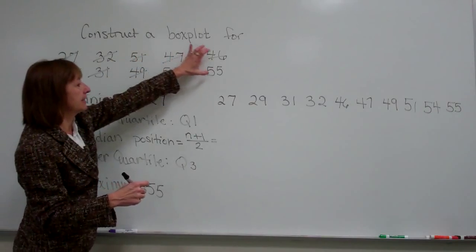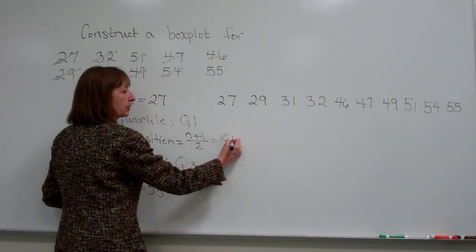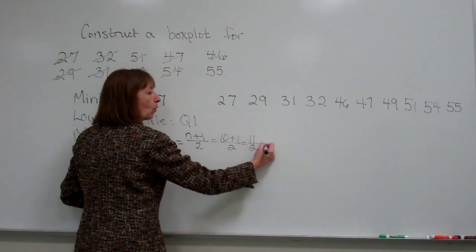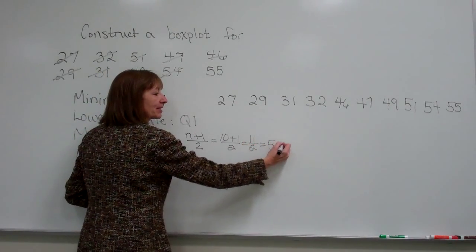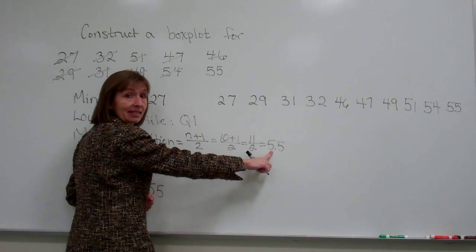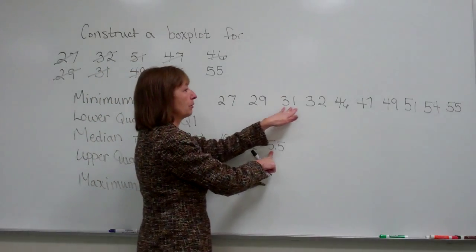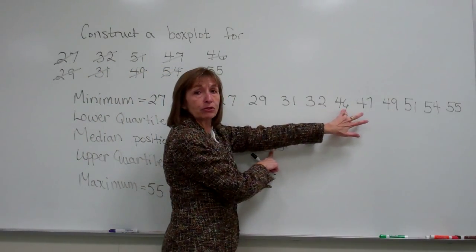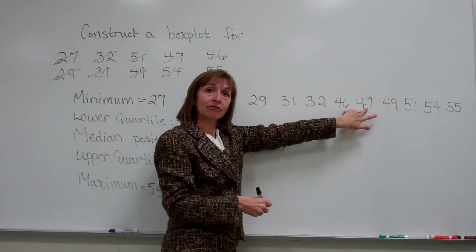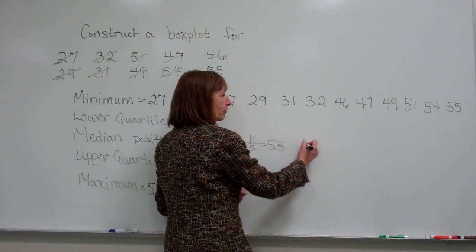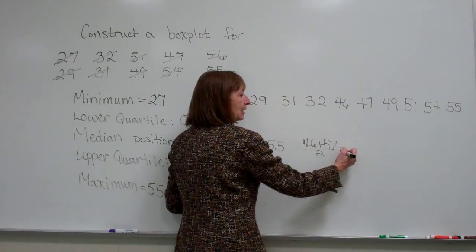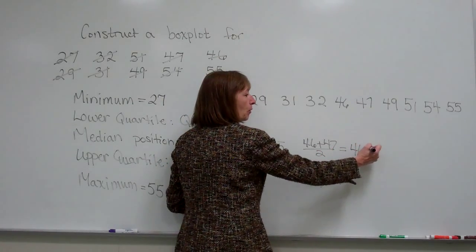So that would be 10 plus 1 divided by 2, which is 11 divided by 2, or it sits in the 5.5 slot. That means it's halfway between the 5th and the 6th number. My 5th number is 46. My 6th number is 47. So my median for this data set is take your 46 plus your 47 and divide by 2. I get a median of 46.5.